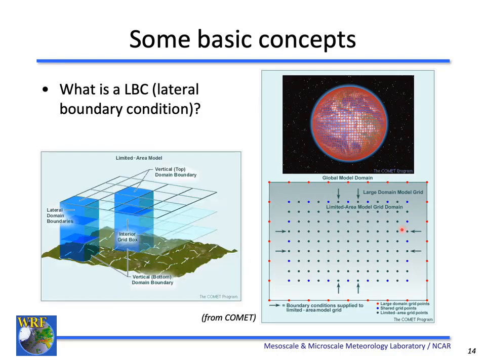This figure is just a three-dimensional illustration of a limited area model. It is also clear that we need the data at the lateral boundary, not just for the model initial time, but for the entire simulation period.